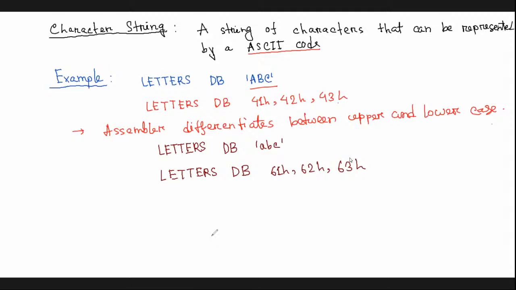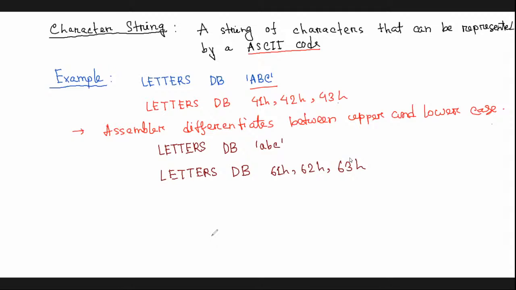Okay, so we know how to assign byte variables, word variables, and arrays. And you also know that we can combine character strings and numbers together from our last class, right? So now how can we assign a constant?